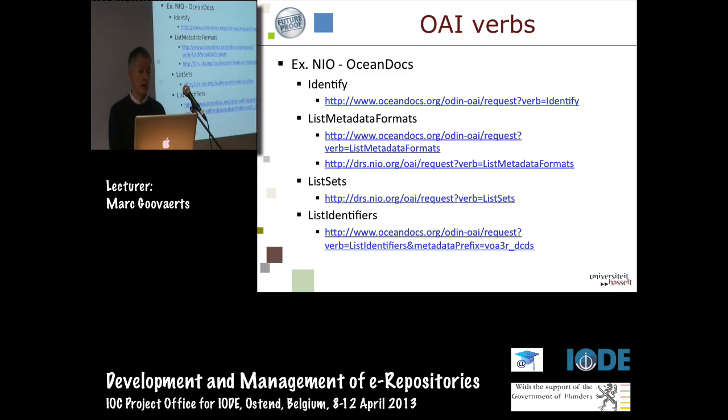And how do they do it? Simply by using the verbs defined in the OAI protocol. The OAI protocol is in fact these verbs. They use HTTP, and for example, you can be identified.